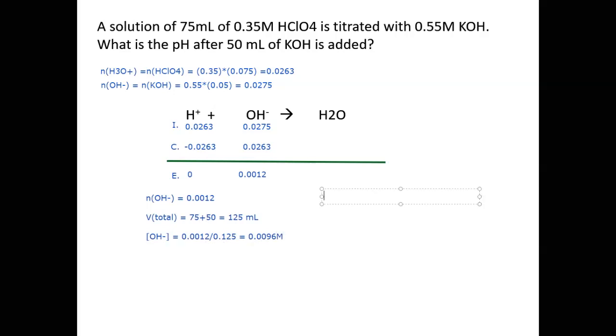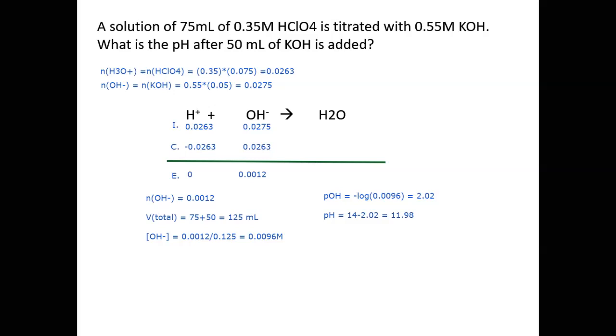Now we can find the pH, or excuse me, pOH, and then the pH. That's the pH of this solution. Again, negative log of hydronium ion, negative log of hydroxide is the only calculation you need to use.